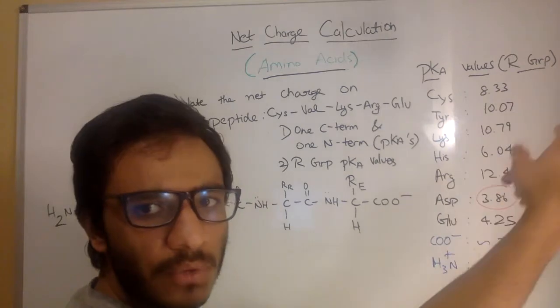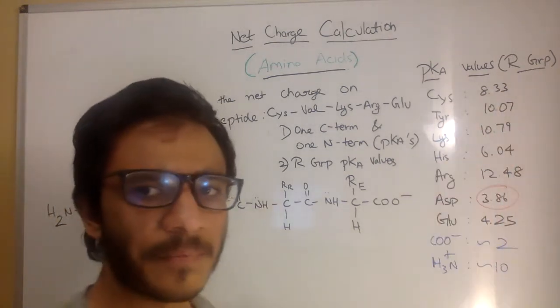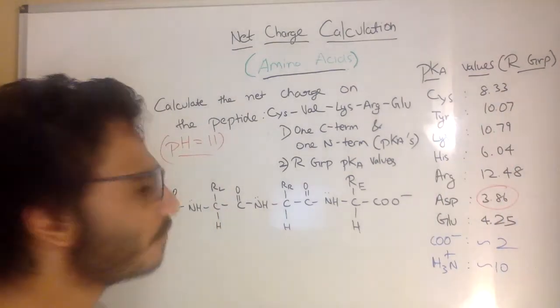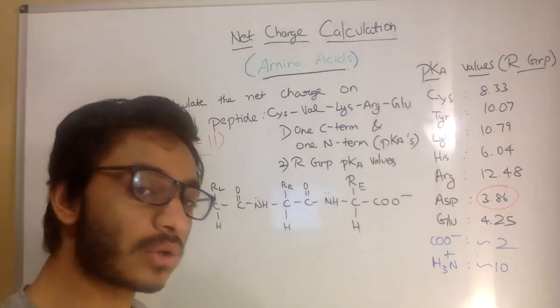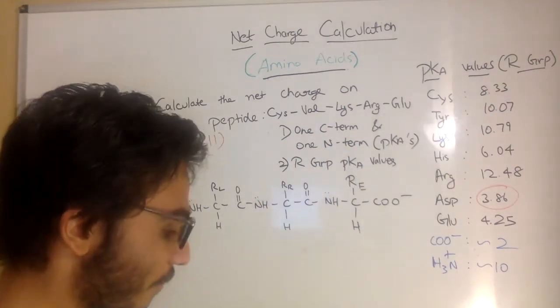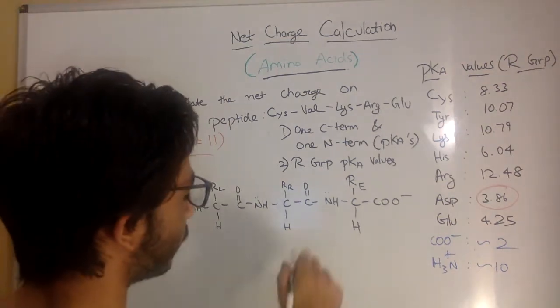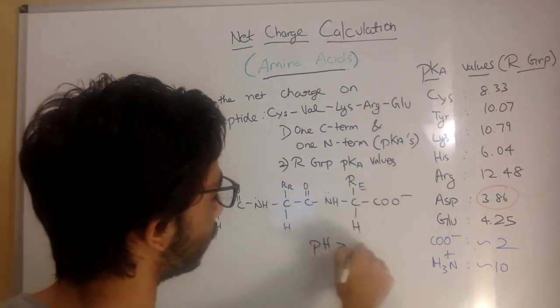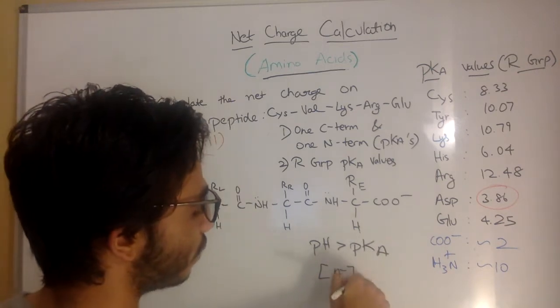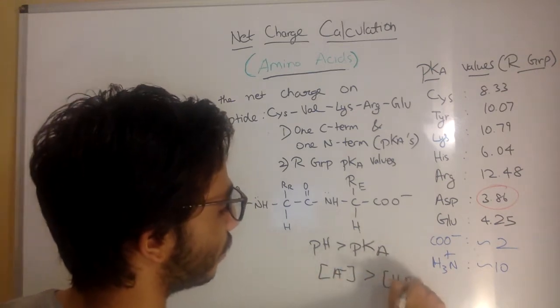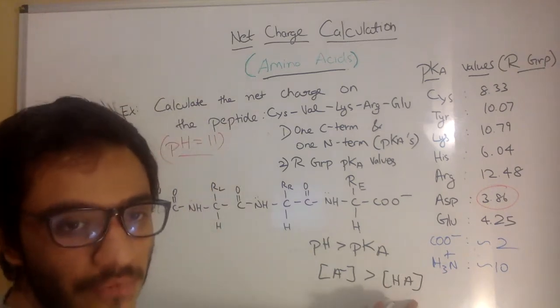Cysteine's pKa value for its R group is 8.33. Same trick: we know that pH 11 is greater than 8.33. So cysteine will also exist in the deprotonated form, right? Again, according to that rule, since pH is greater than pKa, we will have the deprotonated form predominant over the protonated form, right?